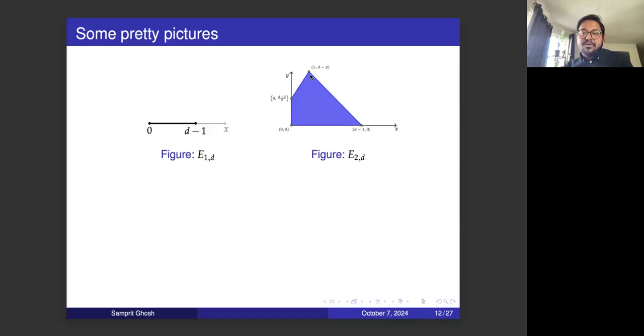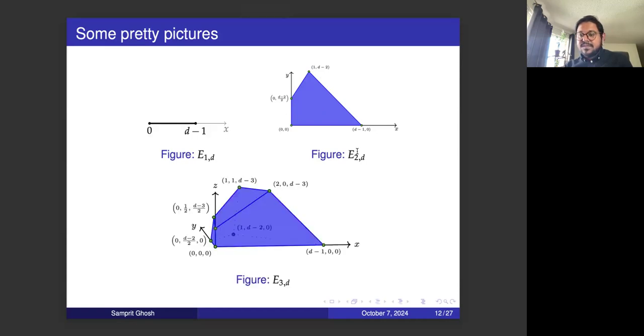And then there's this point 1 comma d minus 2, and we're joining them in a certain way. Here is a picture for E3D as well. And again, the same observation you can make in the x-axis, the 0 to d minus 1 is there. And then in the y-axis, the point 0, d minus 2 by 2 is also there. So that entire thing, E2D, is contained in E3D, and so on. So these pictures, by the way, were done in SageMath.